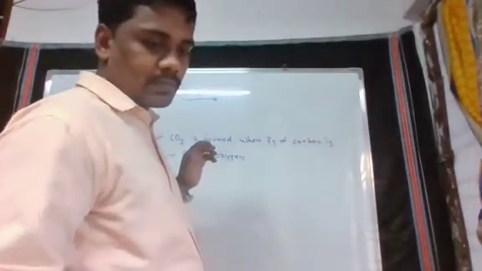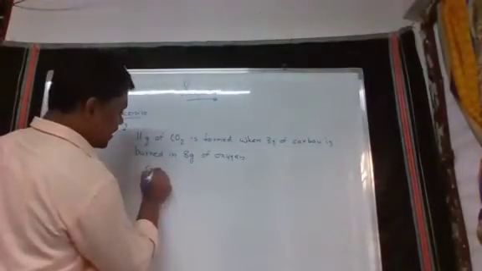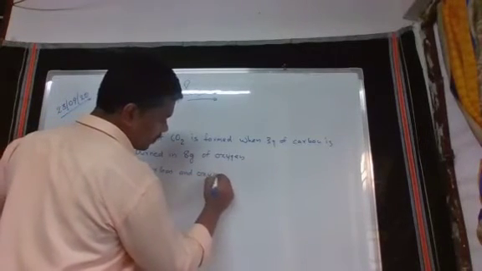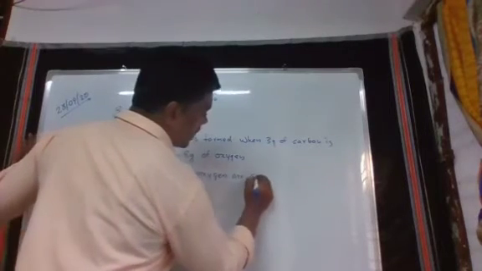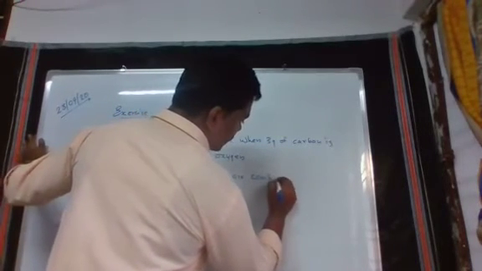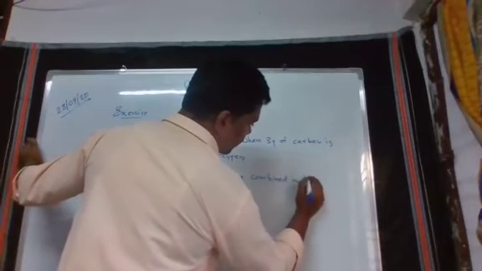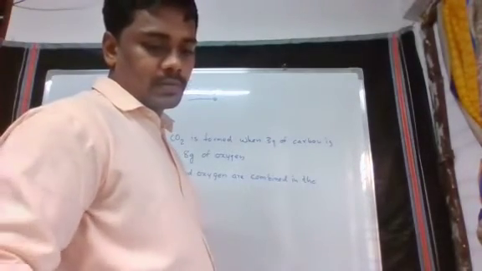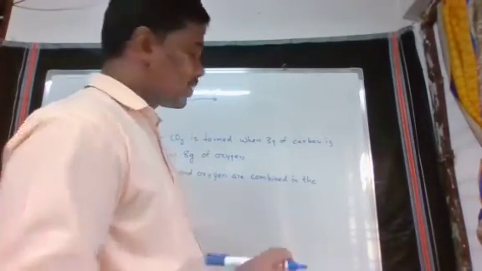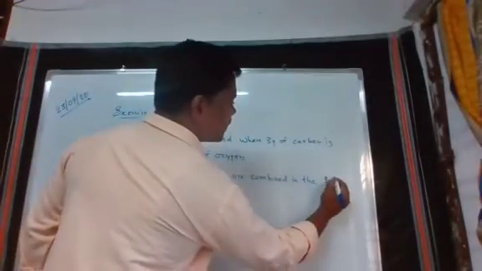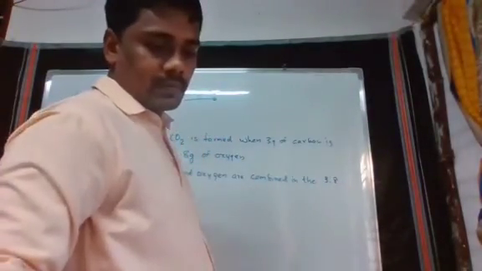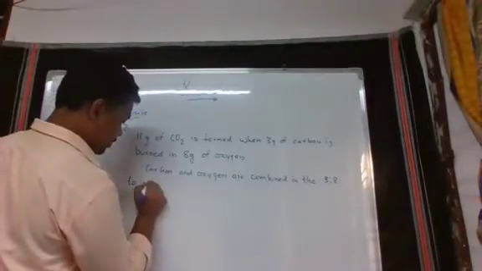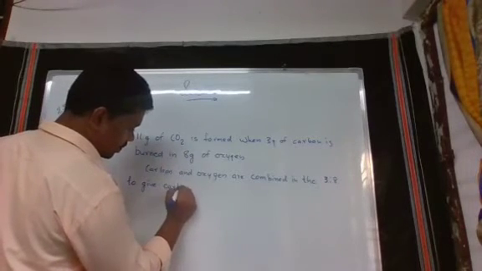Carbon and oxygen are combined in the ratio 3:8 to give carbon dioxide.